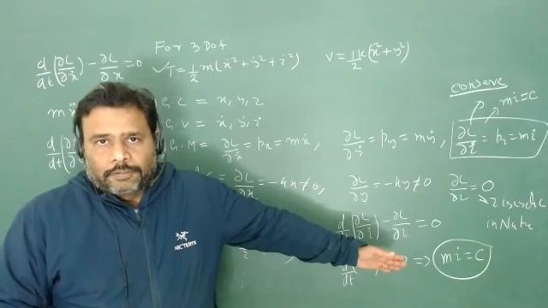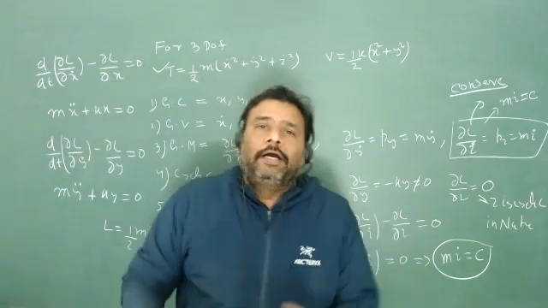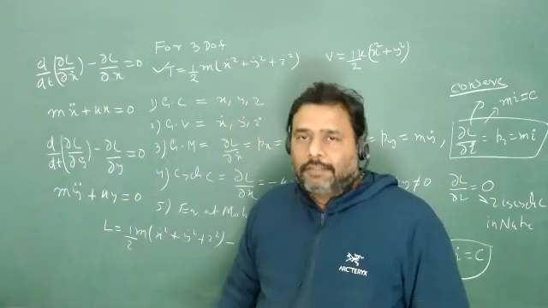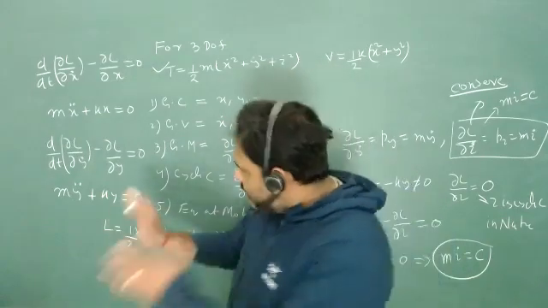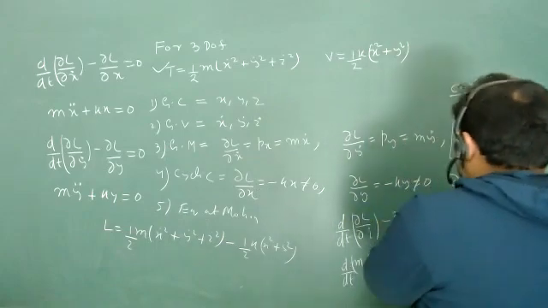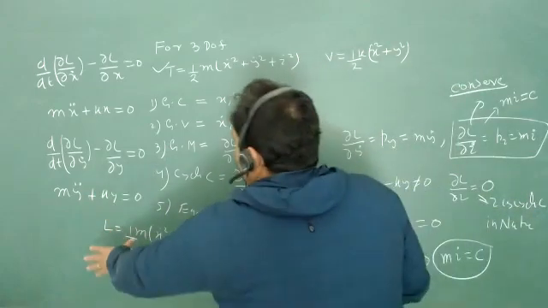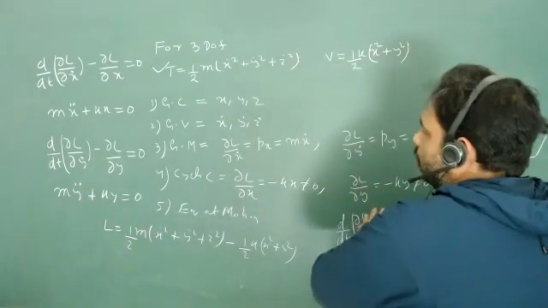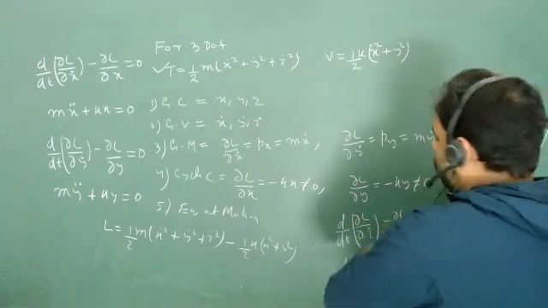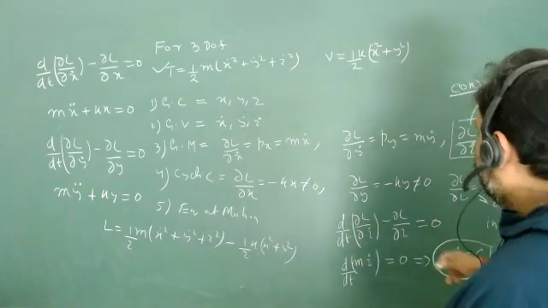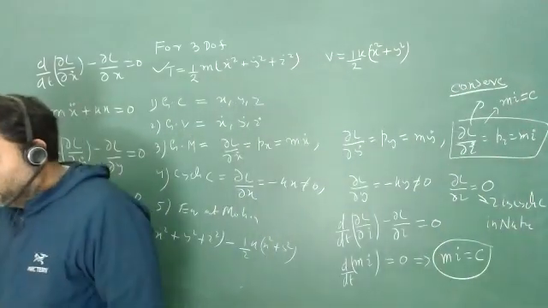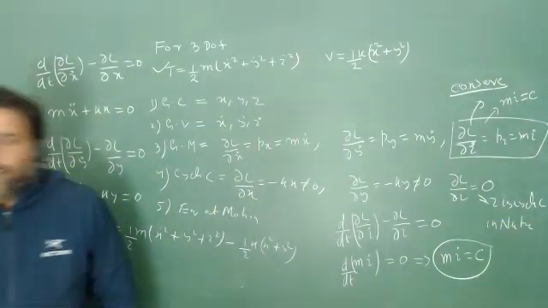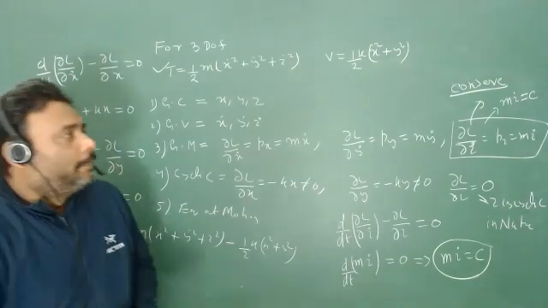If there is no external force, why write the second order differential equation? Nothing to do with this. You will get exactly the same thing from the cyclic coordinate and from the equation of motion for the cyclic coordinate: conservation of momentum. It may be angular momentum, it may be linear momentum, depending on the situation.